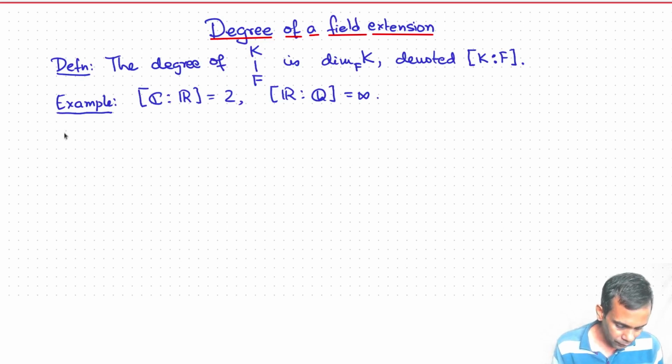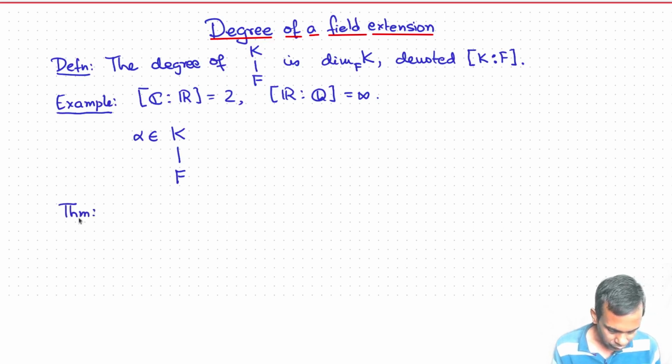Now, what about the extensions generated by an element? So let's consider the situation where we have a field extension K over F and we have an element alpha. Then we can ask, what is the degree of F(alpha) over F?